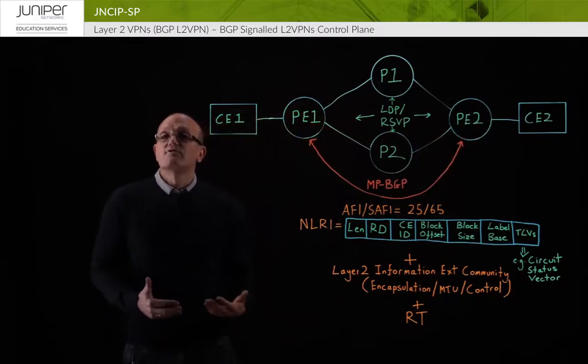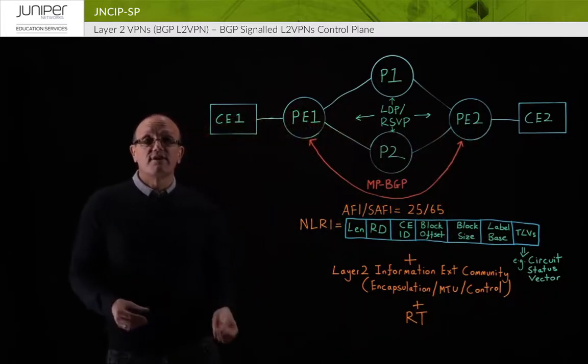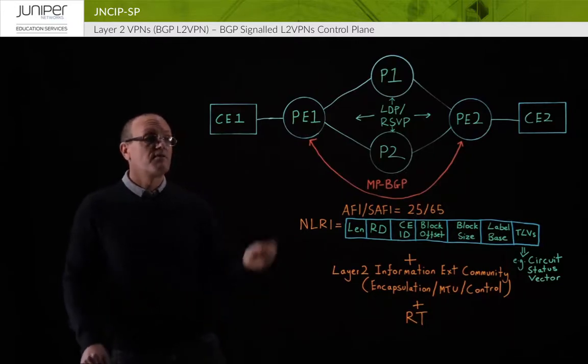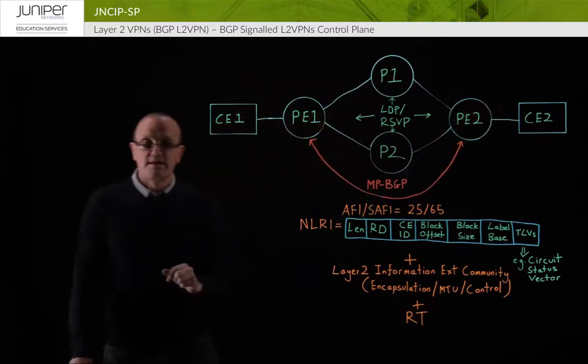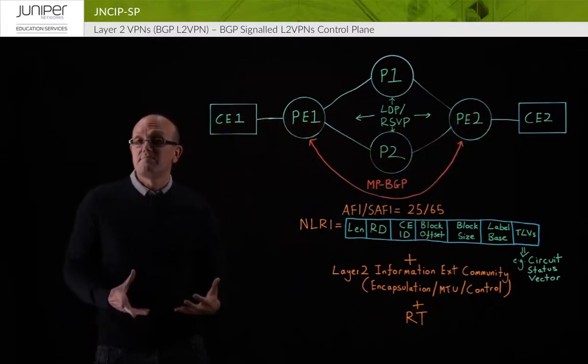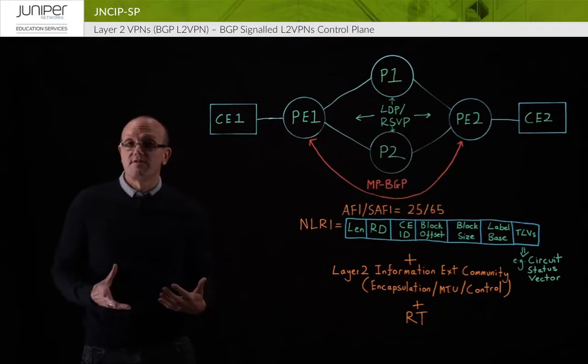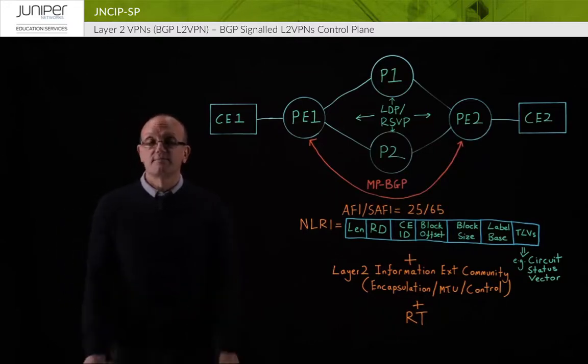We're using the outer transport label to switch traffic along these label switch paths from PE via P node to PE. This is the same in Layer 2 VPNs and Layer 3 VPNs when we're looking at BGP signaling.